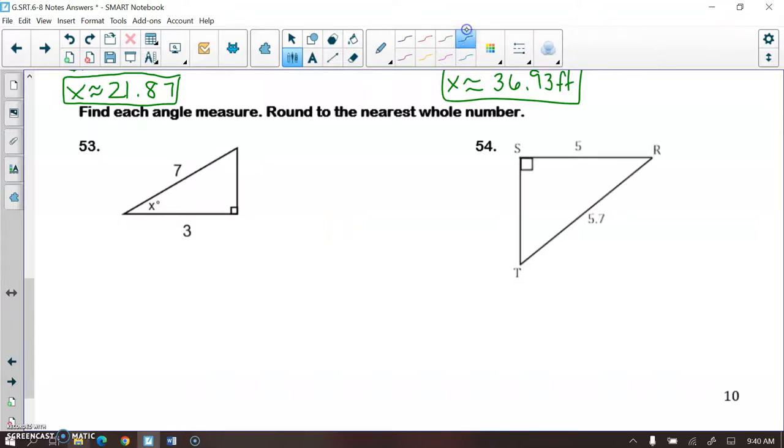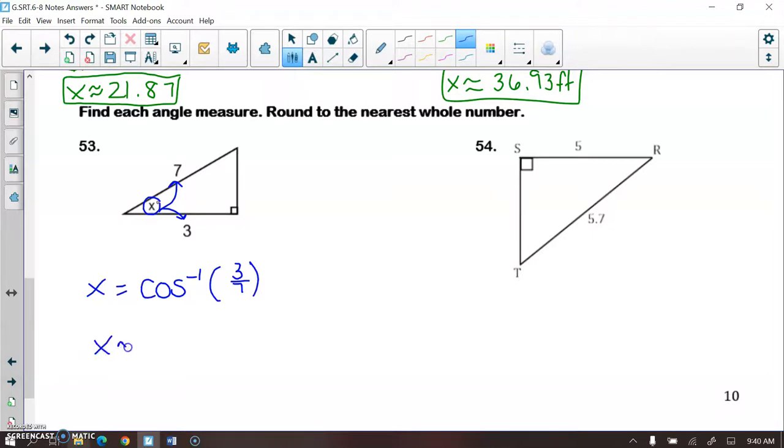So, looking at angle X, the one that we're trying to find, I have my adjacent side and my hypotenuse. So this is cosine. I'm going to say that X equals, so the angle measure equals the inverse of cosine, and the cosine ratio is adjacent over hypotenuse.